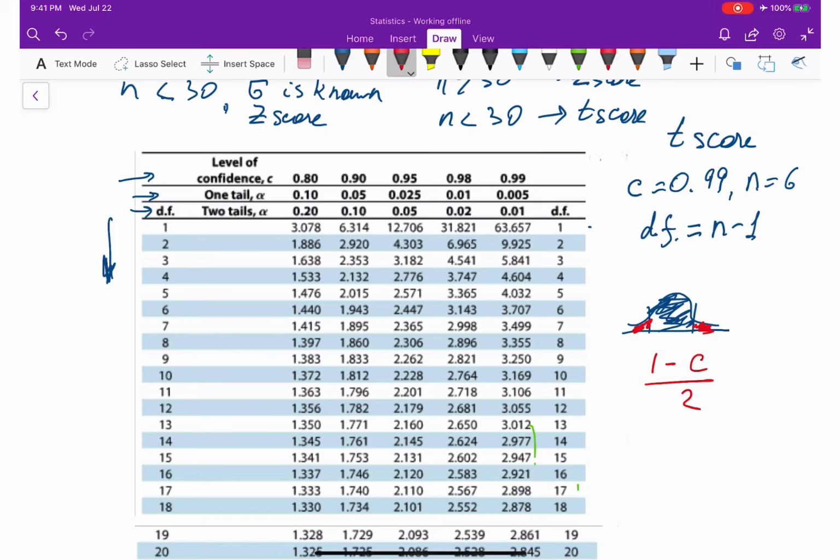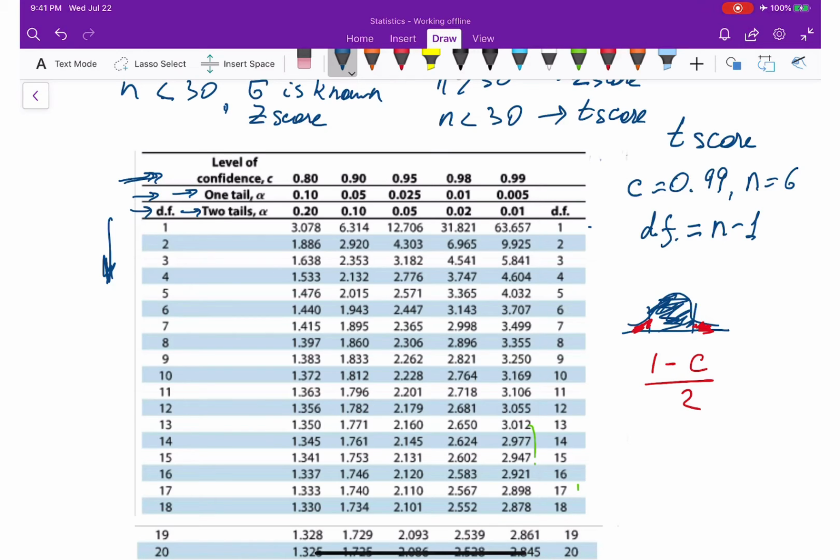So the table gives us all three choices. I can either use level of confidence, or if level of confidence is not given but two tail error is given, we use this one. And if one tail is given, we can use this one.